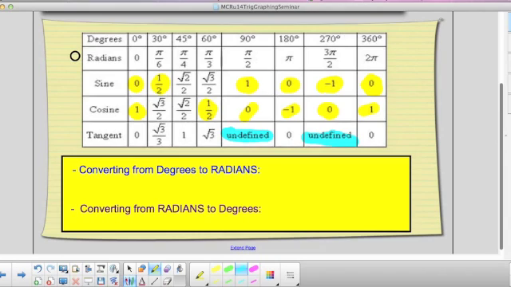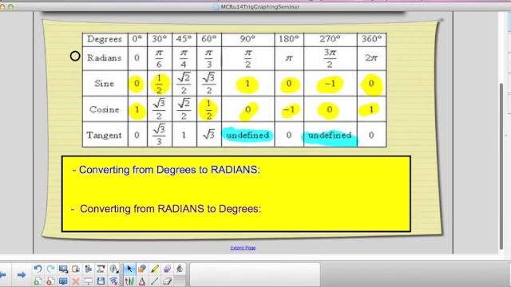Now, I believe there's a part in your unit guide where you're going to be asked to convert from degrees to radians or vice versa. So let's do an example.